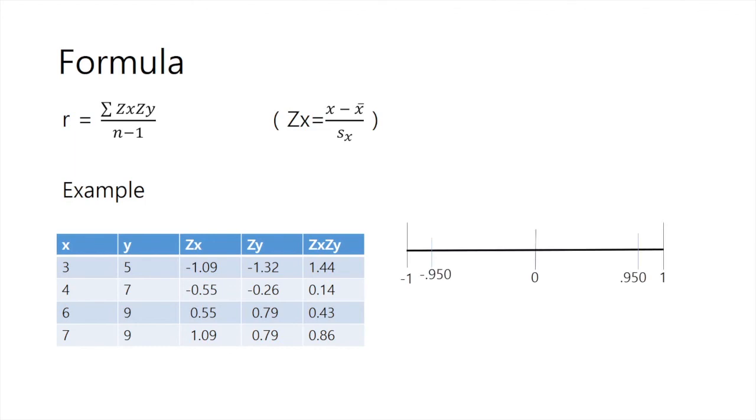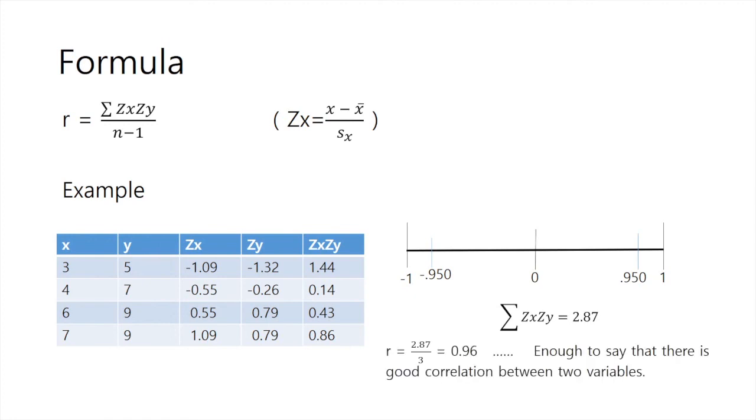Using the same graph that we used, where the sum of zx zy from the table is 2.87, r will be 2.87 over n minus 1, which is 3, which equals 0.96. It says that there is enough data to say that there is good correlation between the two variables.